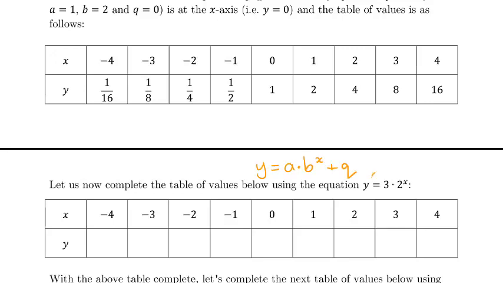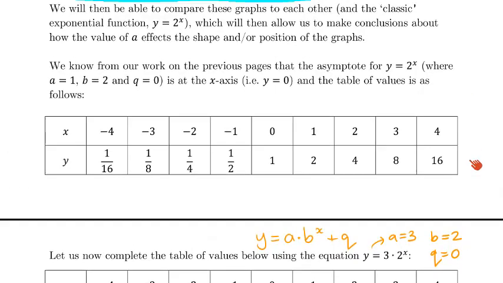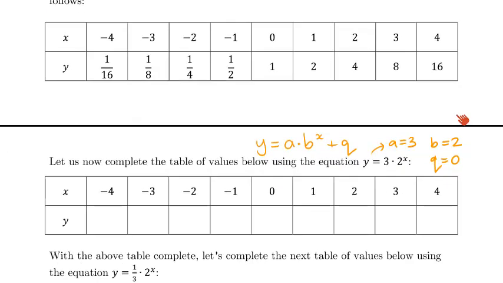So over here, our a value is a positive 3. Our b value is the same. It's 2. Our q value is the same. It's 0. So the only thing we've changed is this a value, and we're going to see what that does to these y values. Hence, we're going to have a whole bunch of points. Hence, we're going to be able to plot this graph and see how it has changed in comparison to y is equal to 2 to the x.